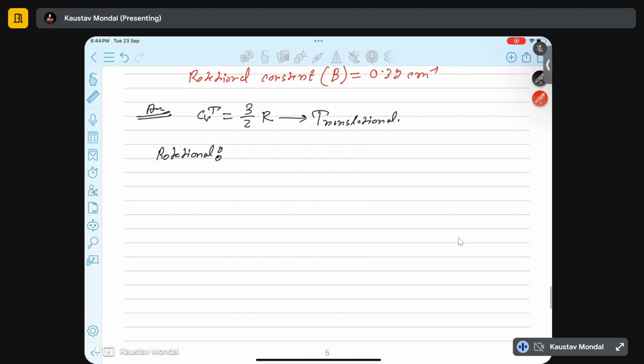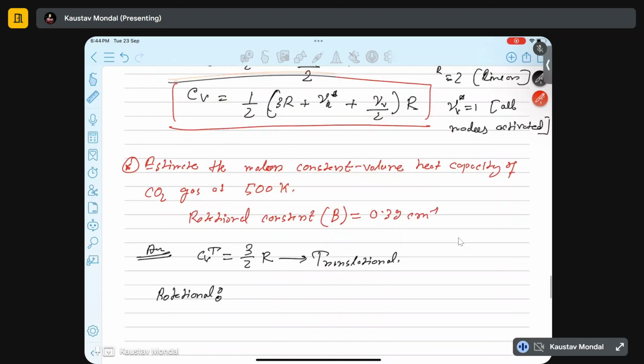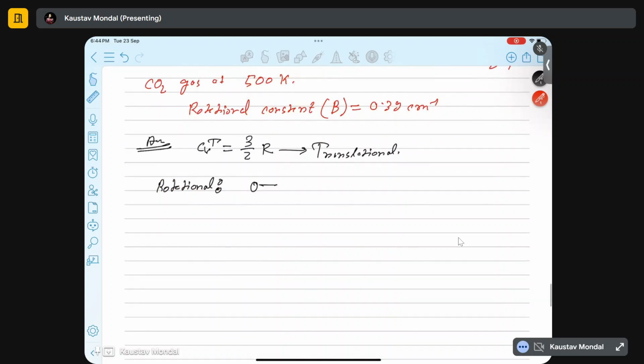For the rotational case, we know carbon dioxide is simply a linear molecule like this.